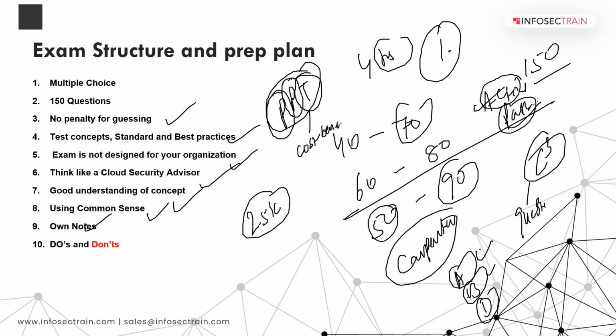Within 3 months you can easily clear this exam if you give 1 to 2 hours every day. If you go for training, it will save you, because they will guide you end to end and you will know which path is good for you.